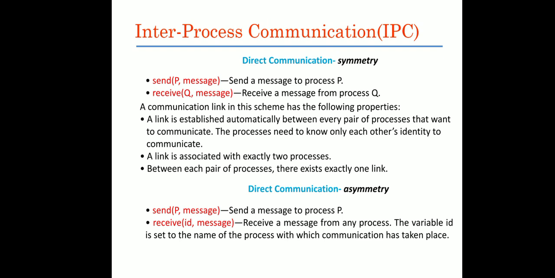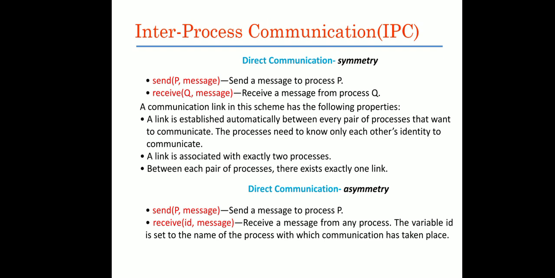In this symmetric direct communication, a communication link in this scheme has the following properties. A link is established automatically between every pair of processes that want to communicate. The processes need to know only each other's identity to communicate. When I want to communicate with another process, I must know the receiver's identity and the receiver must know the sender's identity.